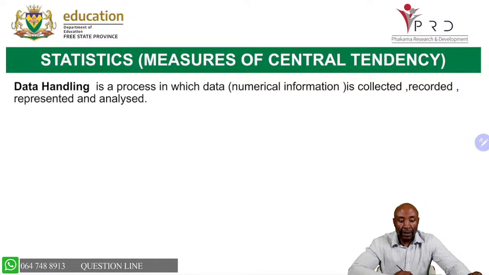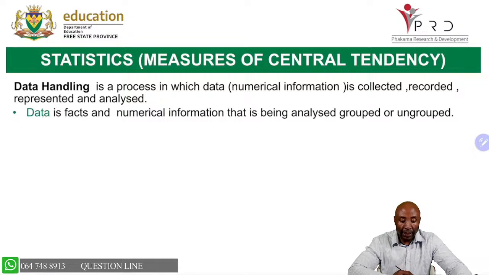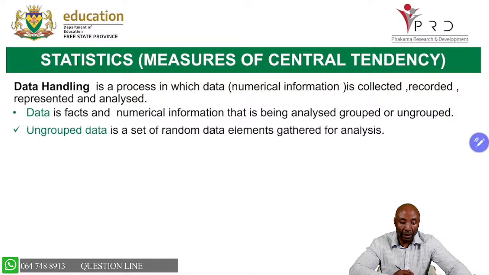So, data handling is a process in which numerical information is collected, recorded, represented, and analyzed. That's what data handling is all about. And data, it's facts and numerical information that is being analyzed. It can be grouped or ungrouped.